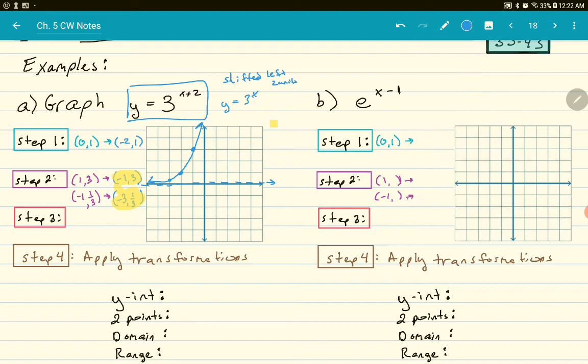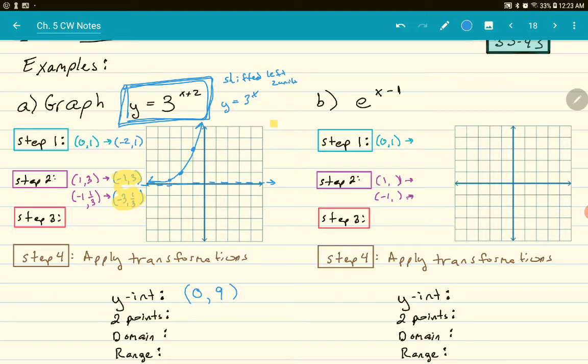So when I plug in a 0 for x, not into the parent function, but into the function that I'm graphing, I get 3 to the power of 2, since 0 plus 2 is 2. So the y-intercept will be 3 squared, or 9.